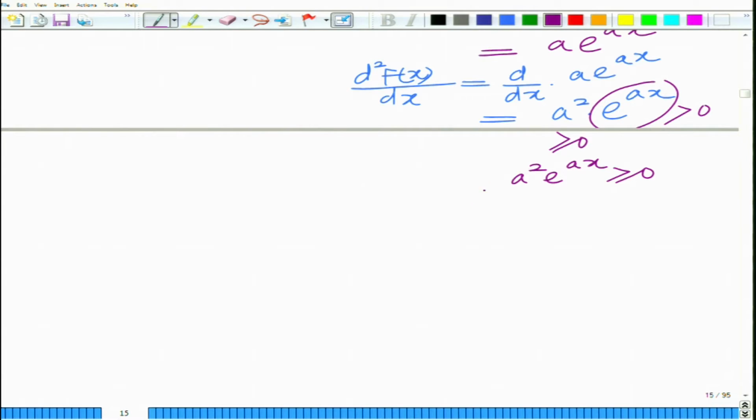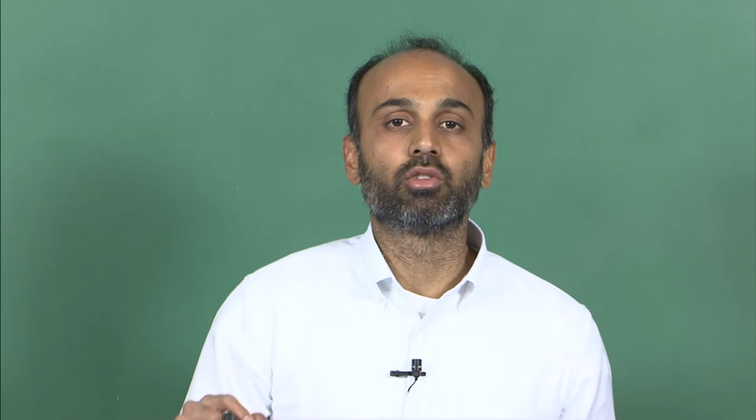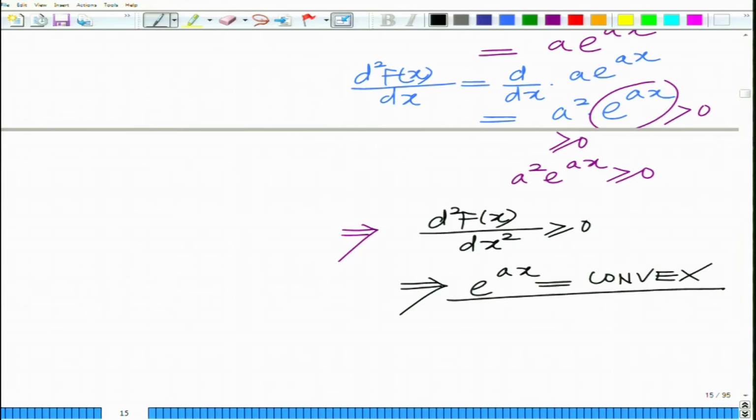So, this implies for any value of a, d square f(x) by dx square is greater than or equal to 0, so e power ax is convex, and it is always convex irrespective of a. If a is negative it is a decreasing exponential, if it is positive it is an increasing exponential, and both are convex. So, e raised to ax is always convex, and the second order derivative test also confirms that. Okay. All right.